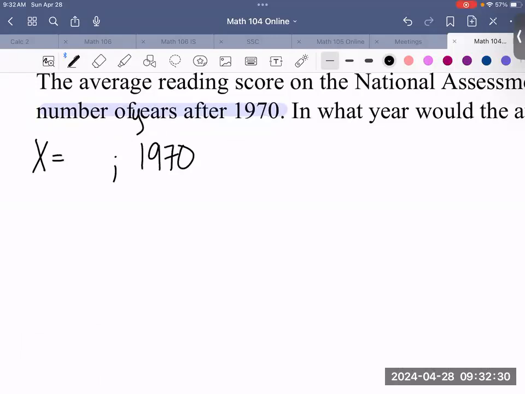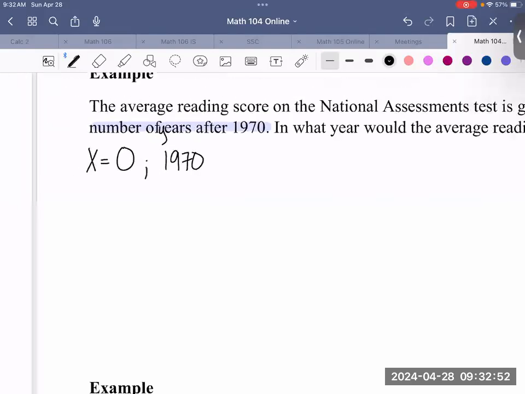We are starting the clock. So we're going to use 0 as a placeholder. So when x is equal to 0, we're really referring to the year 1970.